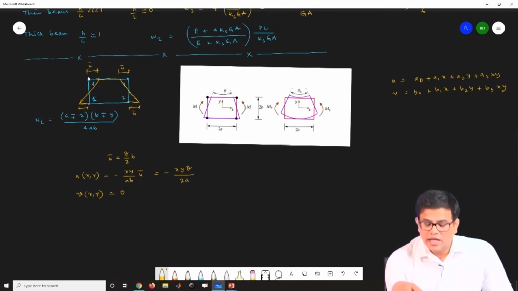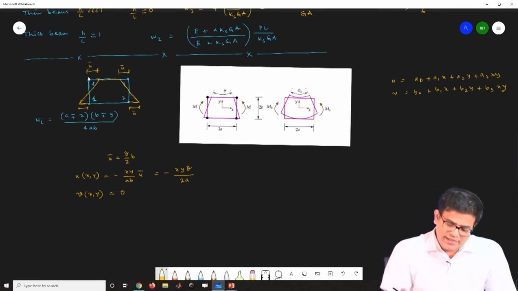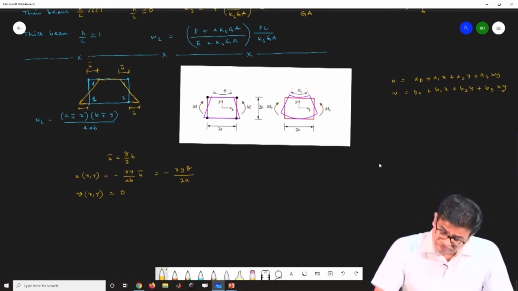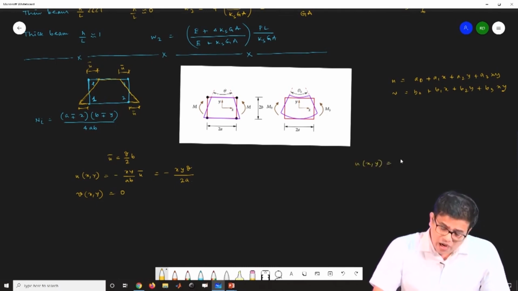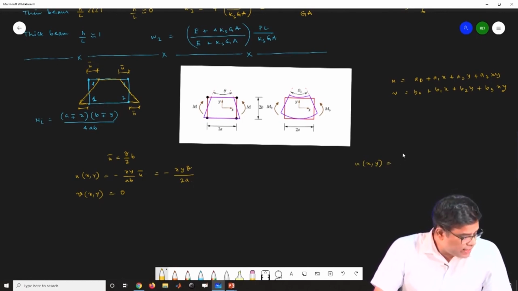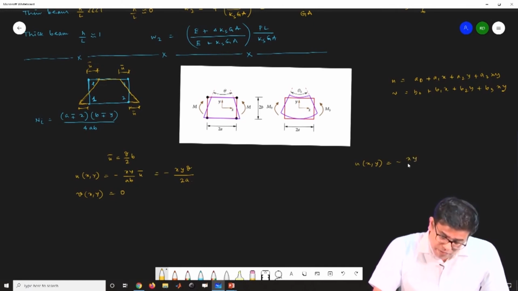So the v deformation will be essentially 0. On the other hand, if I have pure bending, then the v deformation is not 0. For the exact case, u of xy is essentially minus xy by 2a into theta b. And there will be a v.